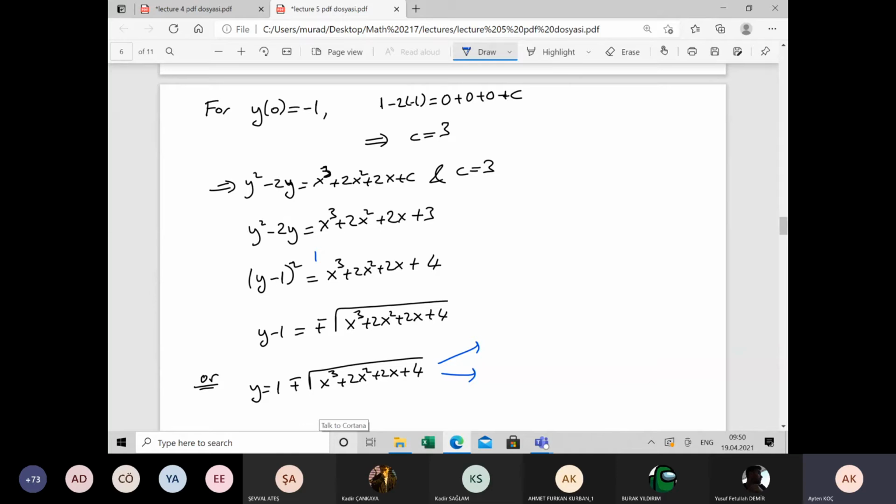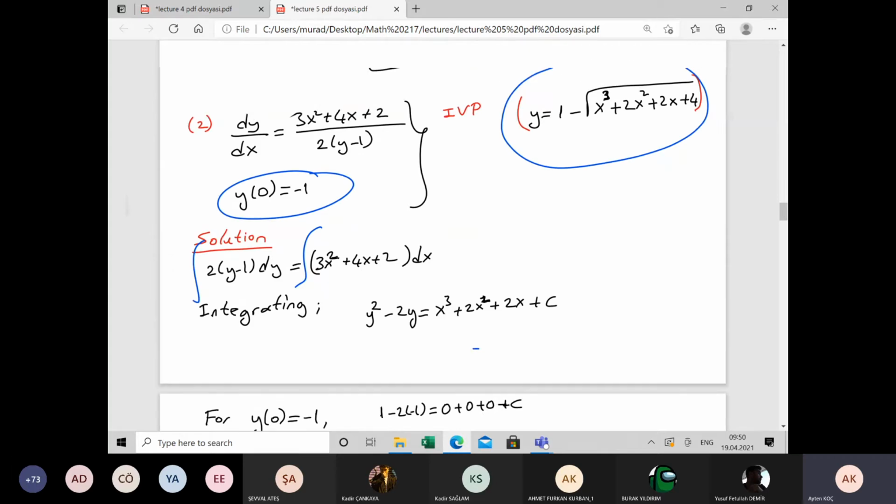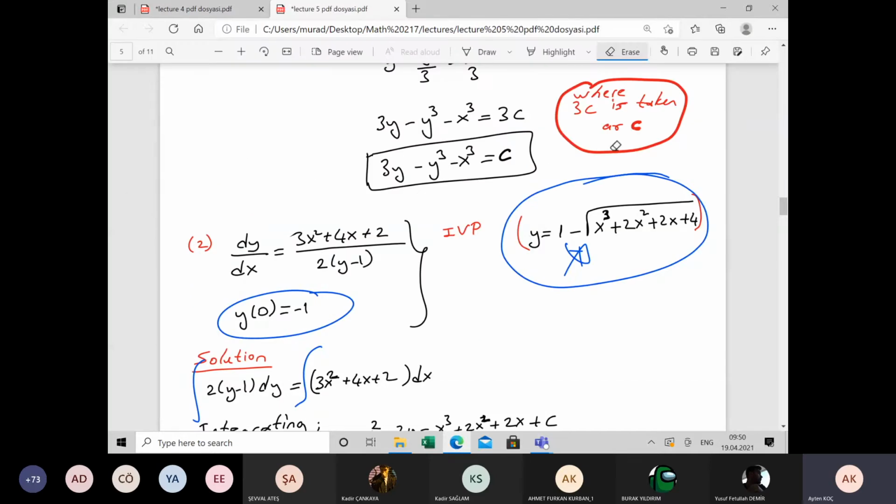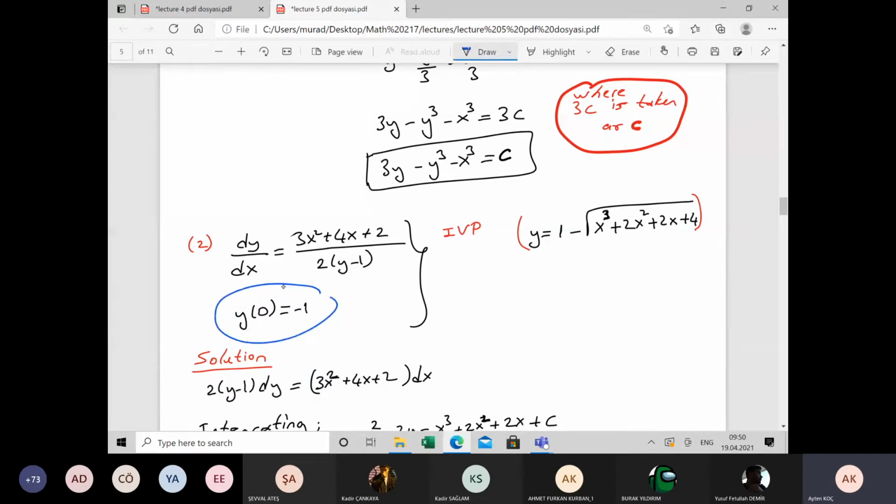But our aim is to get one solution, a unique solution, because it should be a unique solution. So which one is true? But we claimed at the beginning that y is 1 minus square root, not plus. It's okay? So, how to find this one: look at the initial condition, y(0) should be -1.